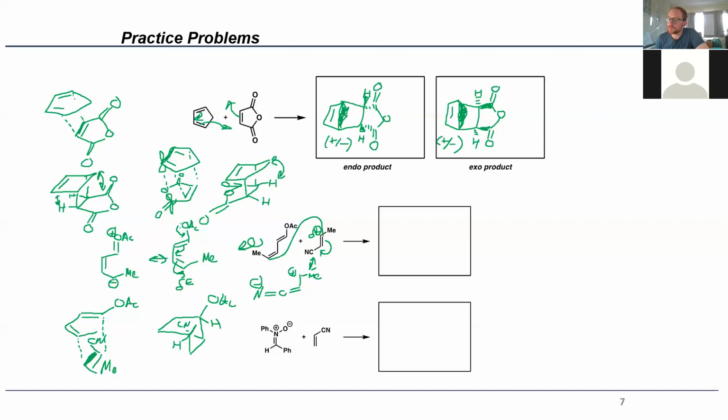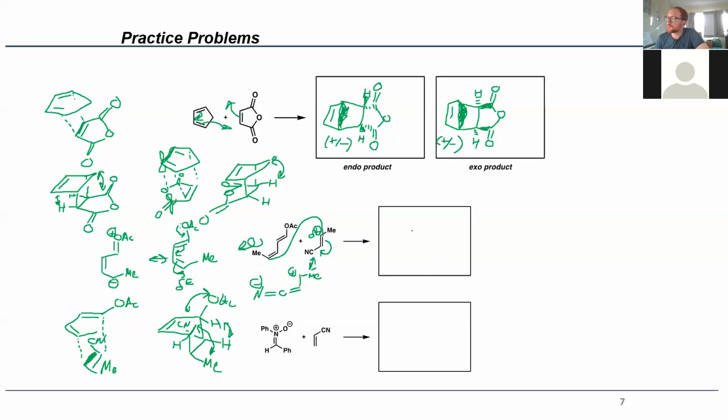The cyano group going in, methyl group coming out. Okay, and so what we see here is that the acetate and cyano groups are on the same face. The methyl groups are also on the same face, but they're on the opposite face as the other two.